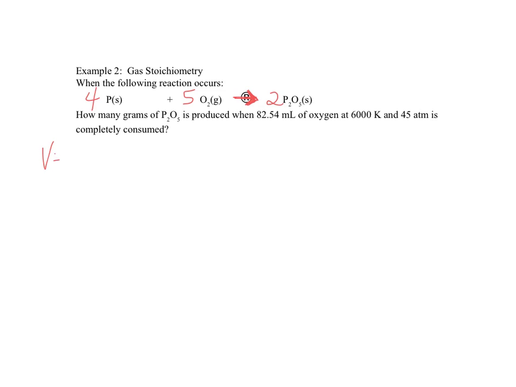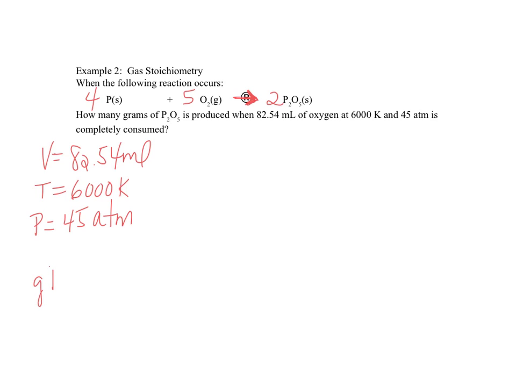We have a volume of 82.54 milliliters. We have a temperature of 6,000 Kelvin. We have a pressure of 45 ATM. And they want to know grams of P2O5 eventually. But we're starting with oxygen, so we're going to have to find moles of O2.